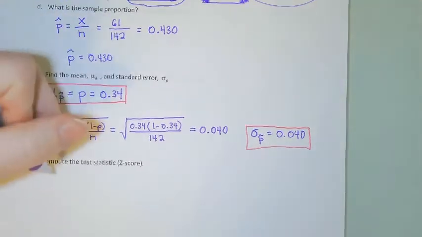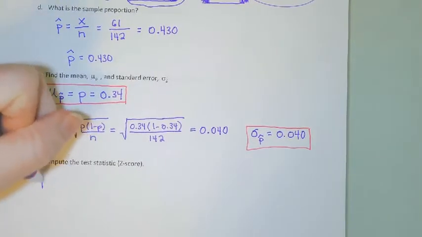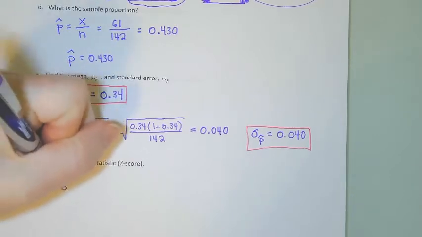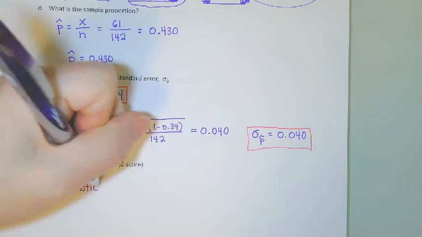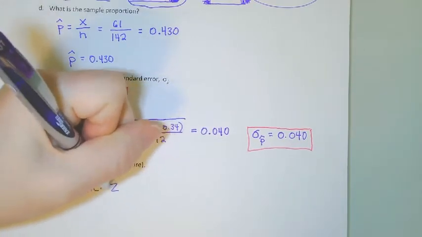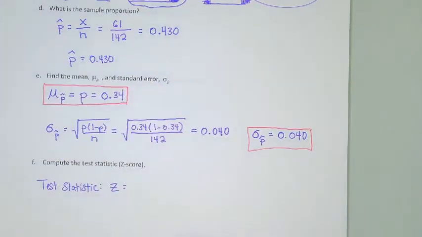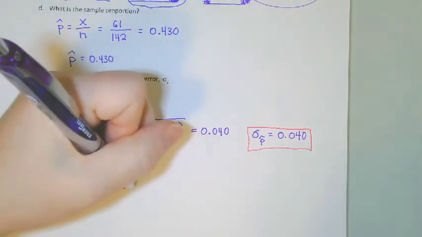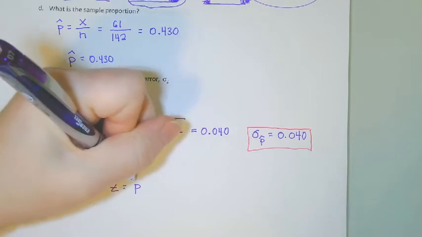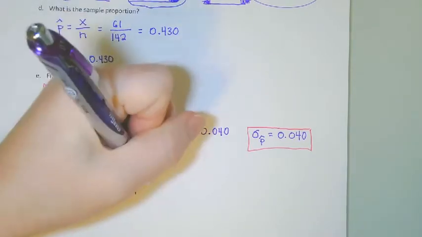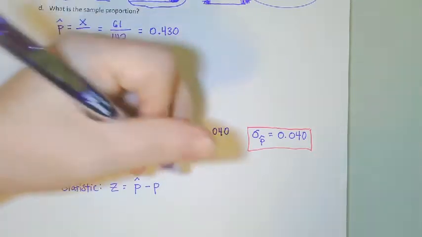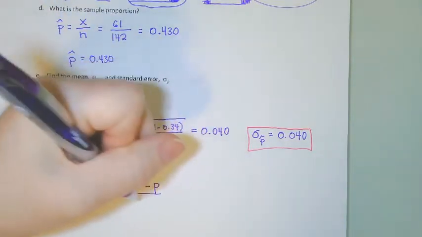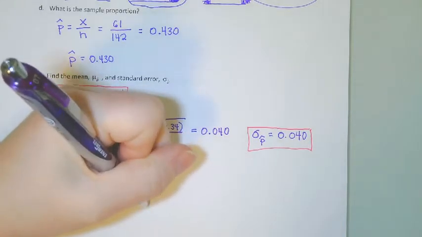So our test statistic is a z-score. And in this case, we determine the z-score by finding the difference between the sample proportion and the population proportion, and then dividing that by the standard error.